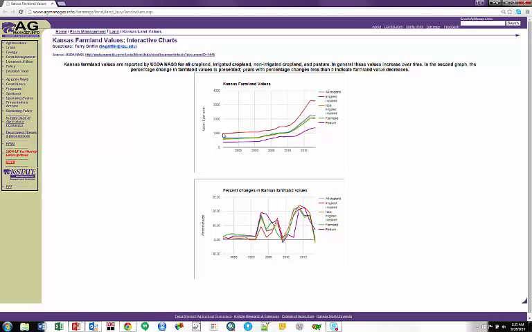The data go back to 1997 when USDA NASS began reporting farmland values for each of the different types of farmland here in Kansas. So for instance, we have data for all cropland, irrigated cropland, non-irrigated cropland, all farmland, as well as pasture. If you look at the red line, the top line here, it's irrigated cropland.